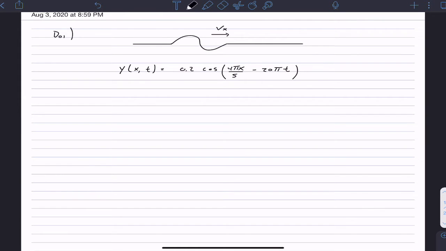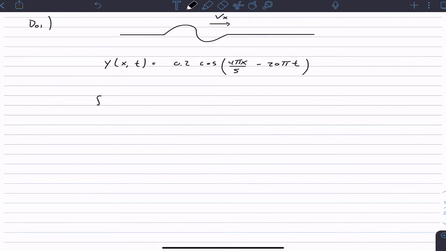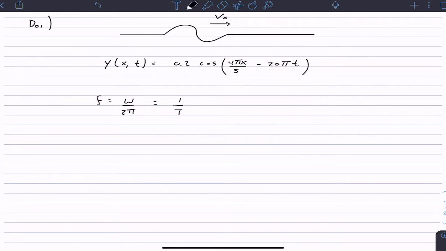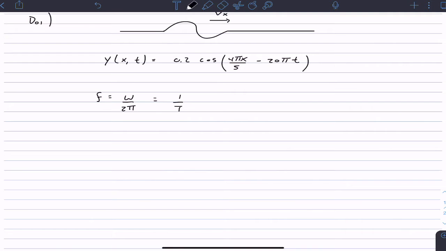Well, the frequency is going to be omega over 2 pi, right? That comes from this being 1 over T, where T is 2 pi over omega. Okay, so what is omega? Well, omega is here as 20 pi.